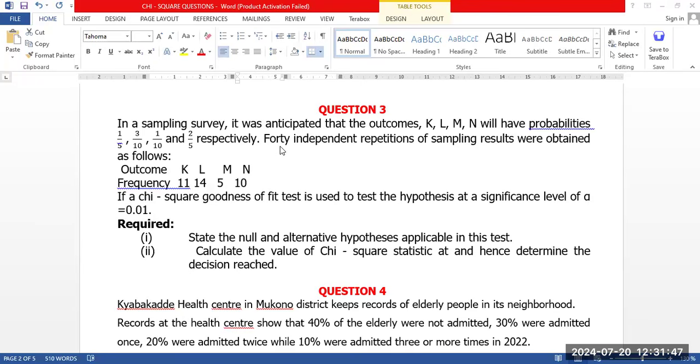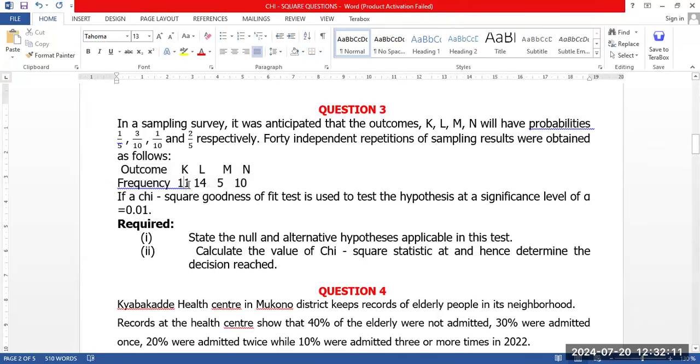They are telling you that 40 independent repetitions of sampling results were obtained as follows. This is your outcome, K, L, M, N. These are results, so this is like the observation. You have 11, 14, 5, and 10.